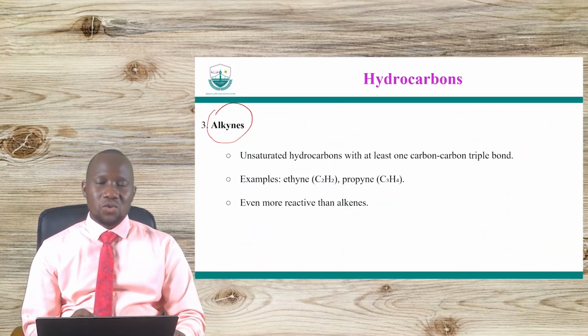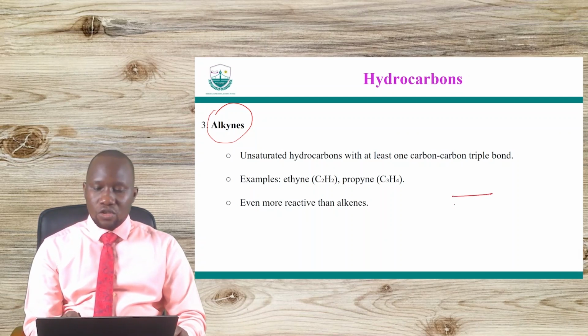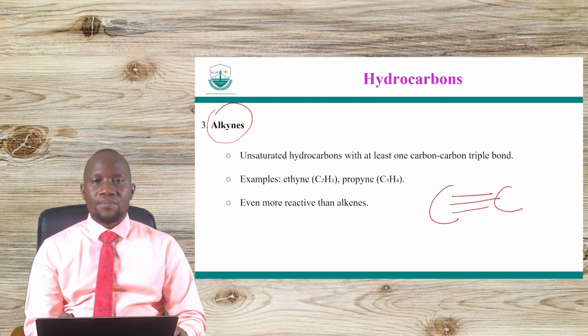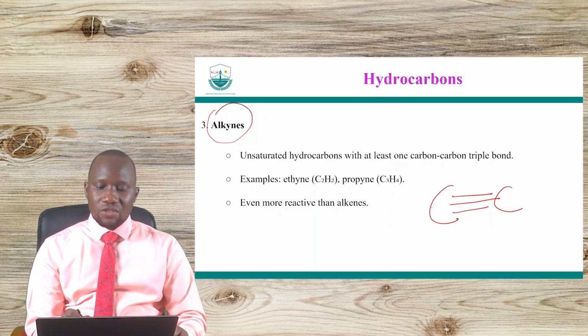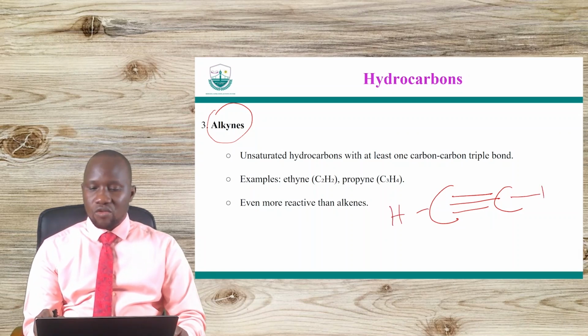And then we'll come to the alkynes. For them, there should be a triple bond between carbon and carbon. So 1, 2, 3. That means for this carbon to be complete, it only needs 1 more, and the same for the other one. So you have C2, and the hydrogens are how many? They are also 2.